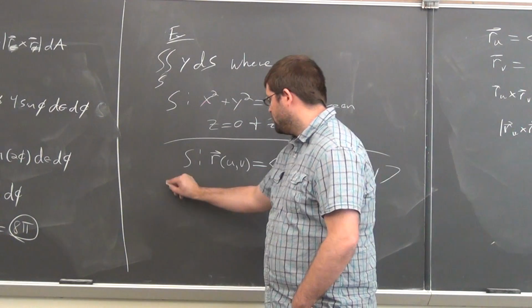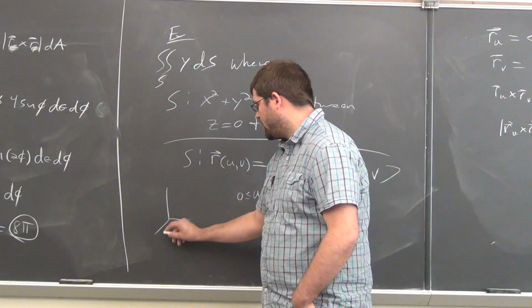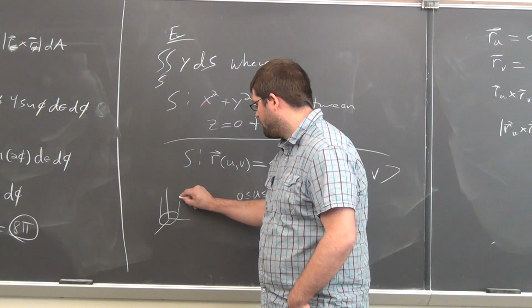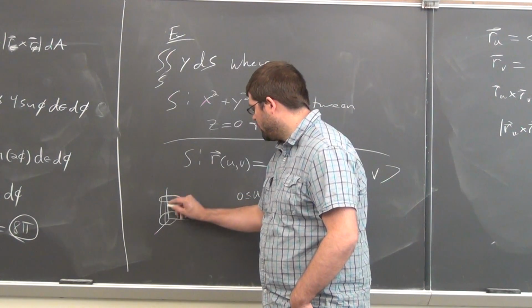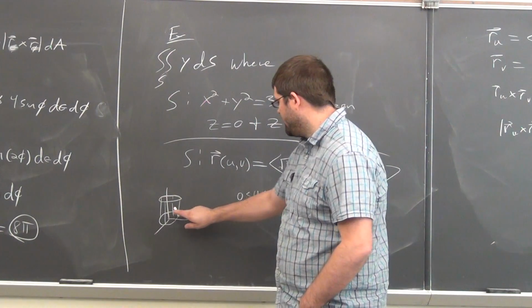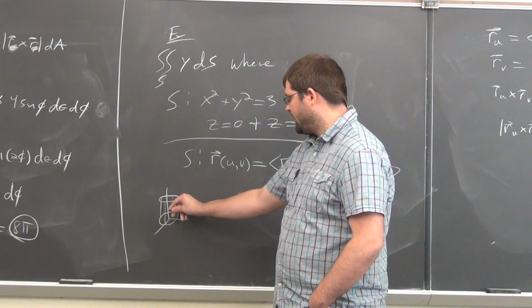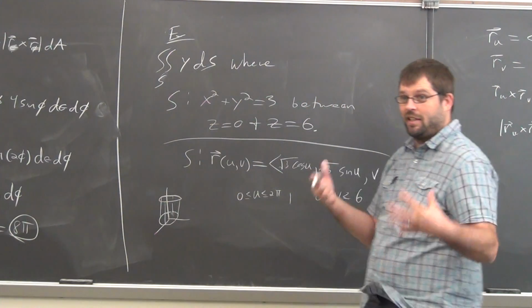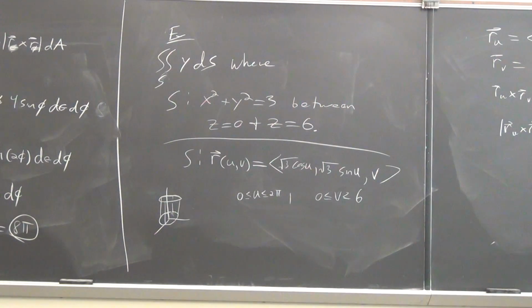So what's our region again? It's a cylinder of radius square root of 3. And we're integrating just y, so whatever positive y's you have on the right-hand side, you get the negative y on the left-hand side. And so it makes sense that it all canceled out correctly.